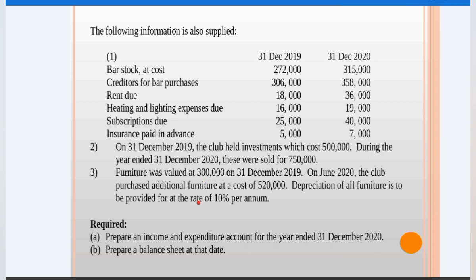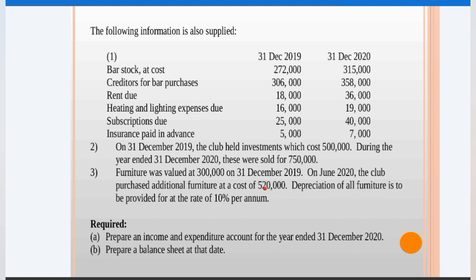So the depreciation for furniture should be computed in two parts. The first is 10% of 300,000, which is 30,000, the depreciation for the furniture that cost 300,000. But for the 520,000, it should be done at 10%, yes, but only for half the year because the purchase was in June 2020.